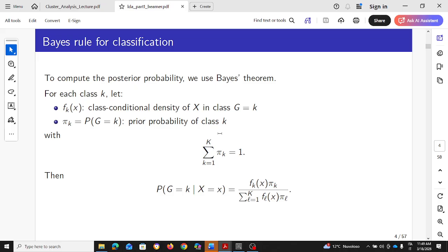So it belongs to group G based on X. Then we use Bayes' rule to find how the density is here and how probable these points are here, and so we already have the posterior probability for each of these points.